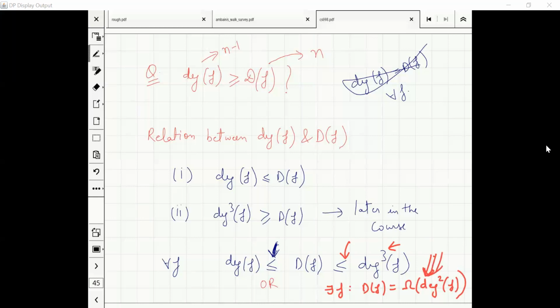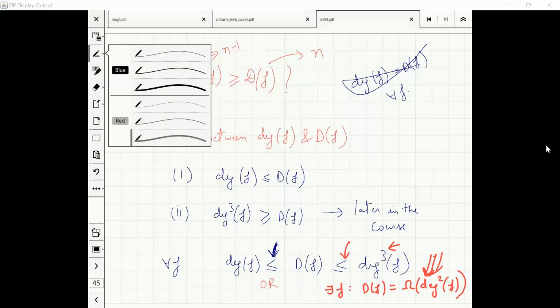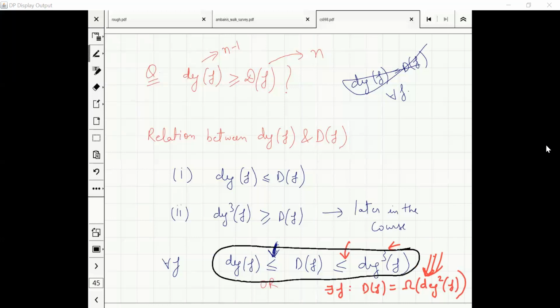So you should be very careful about quantification. When I wrote this equation, this is true for all functions. The bottom thing written in red is an example. This is a particular function for which d of f is more than degree square.